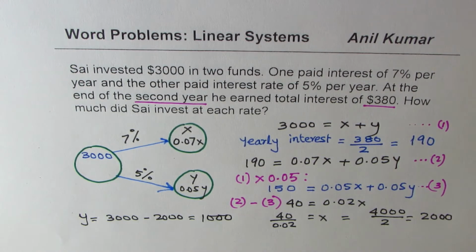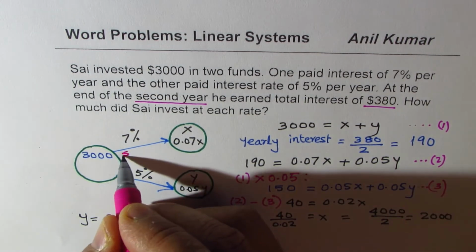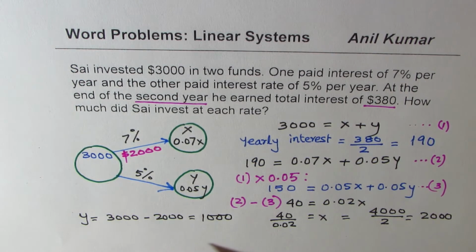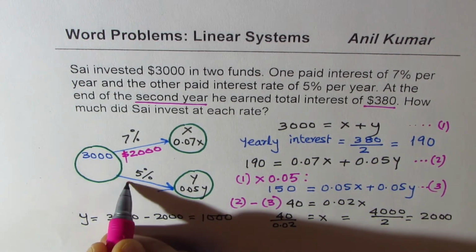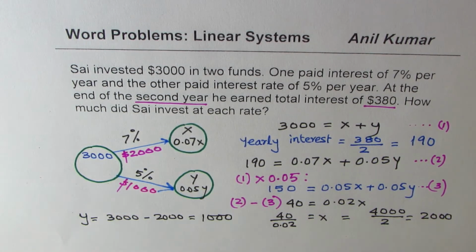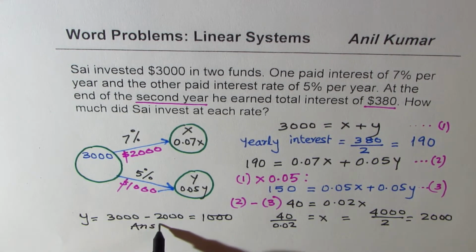Correct? So the amount X, which we just found, is $2,000. So $2,000 is invested at 7% interest, and $1,000 is invested at 5% interest. Do you see how beautifully the diagram illustrates? You can write down your answer separately.